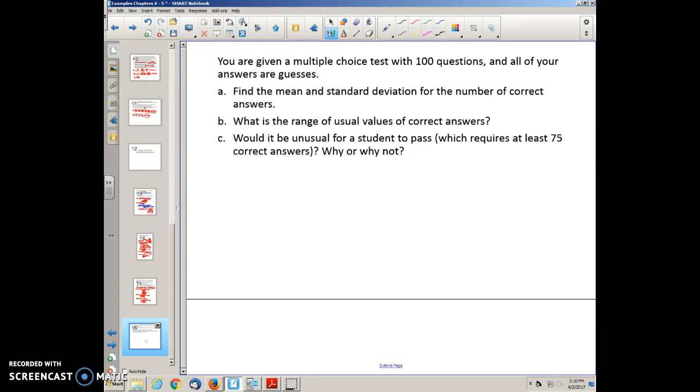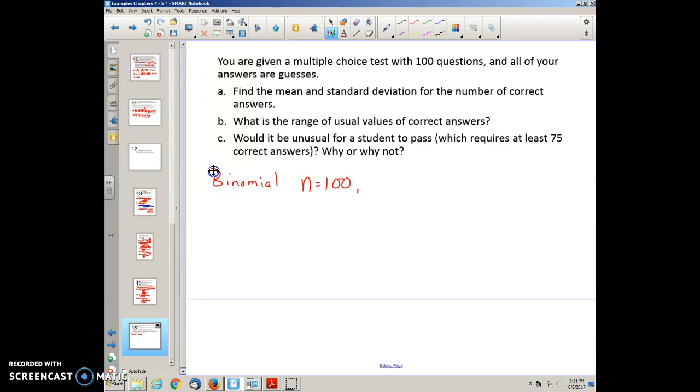You are given a multiple choice test with 100 questions, and all of your answers are guesses. Find the mean and standard deviation for the number of correct answers. Now this is a binomial. There's a fixed number of trials, n is 100. There's a probability of success, and it remains the same for the entire scenario.